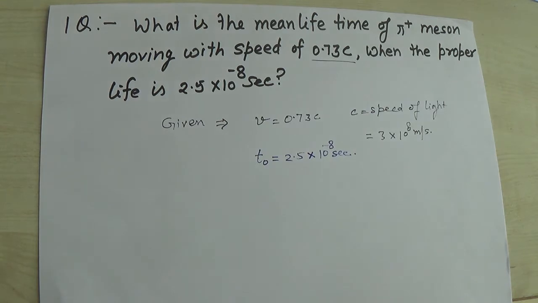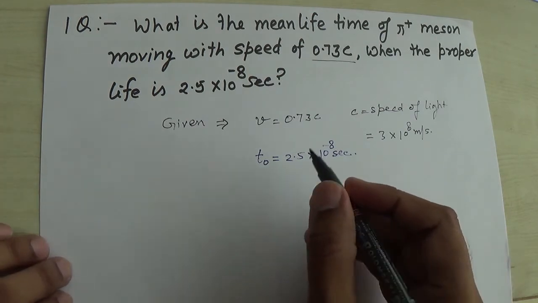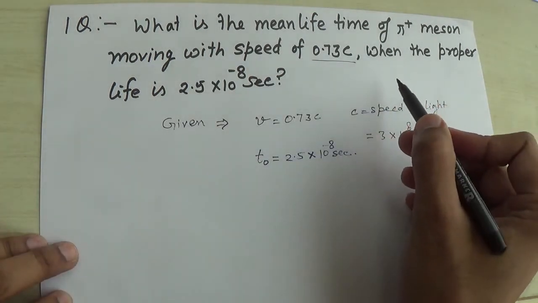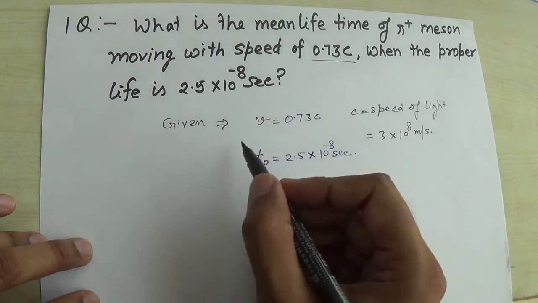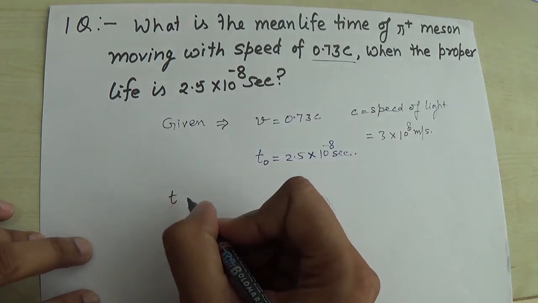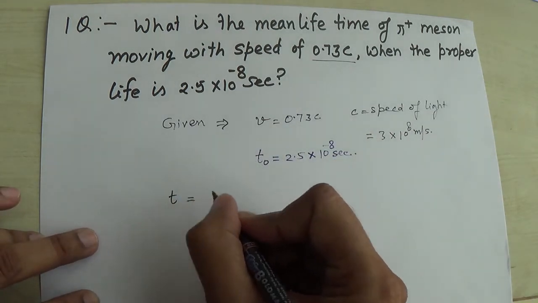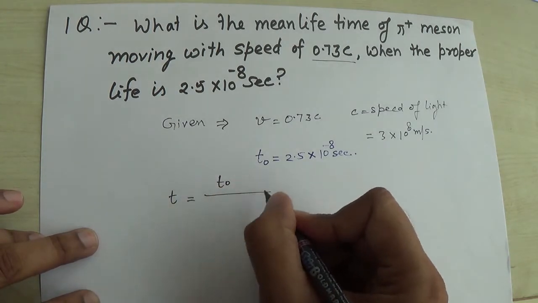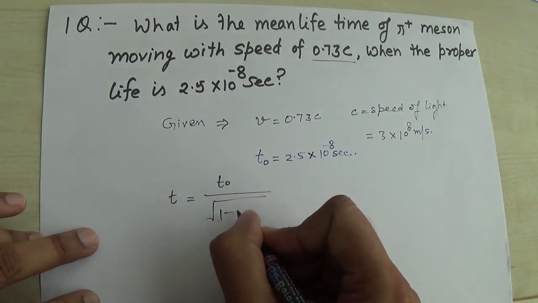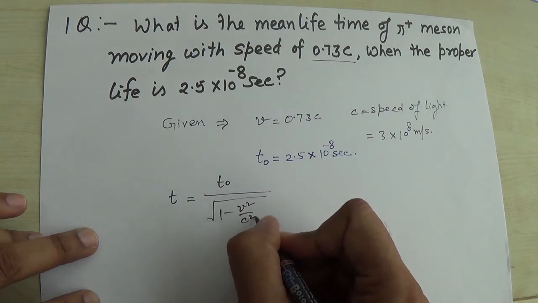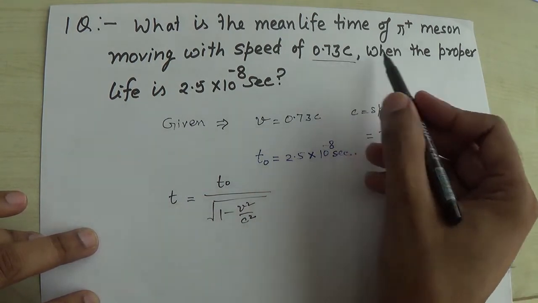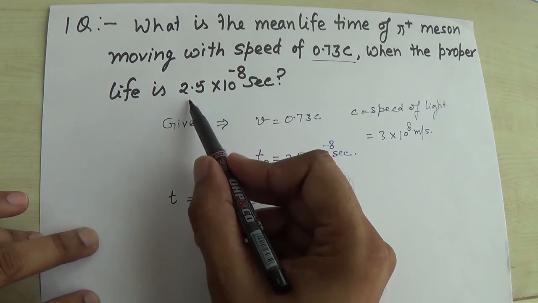So here you can see that only these two values are given, and with the help of these we have to find the value of t. There is no difficulty in this question; I have to find only t. So t is equal to t naught upon square root of 1 minus v square upon c square, because in this question they have already mentioned the proper life.